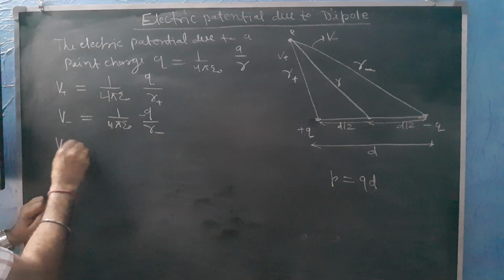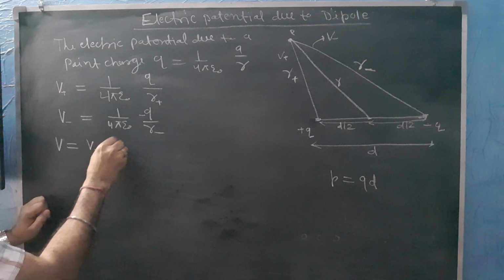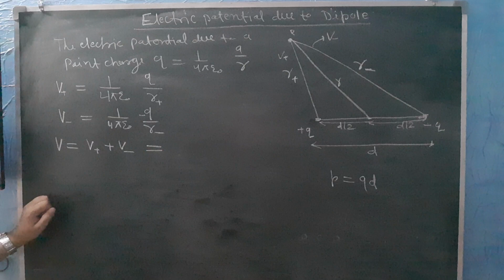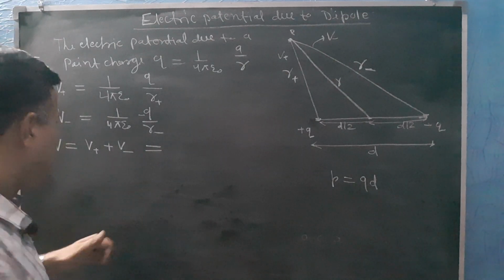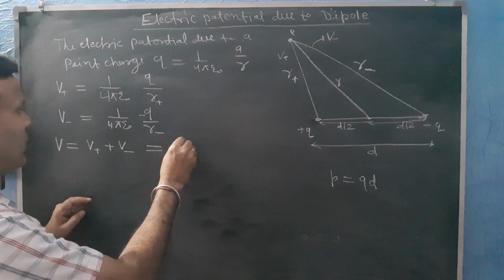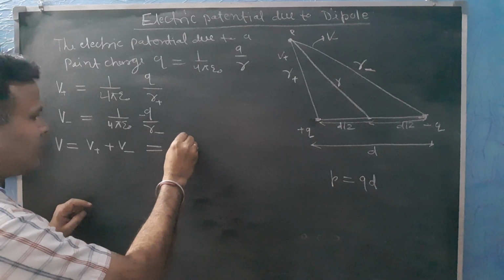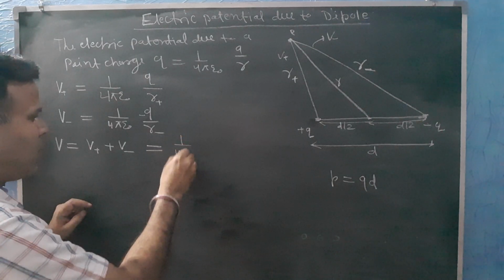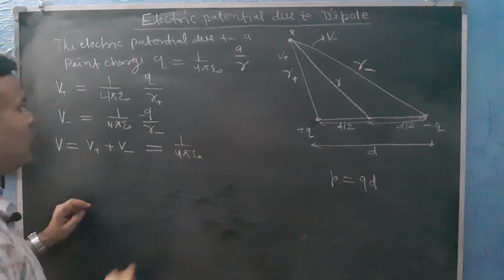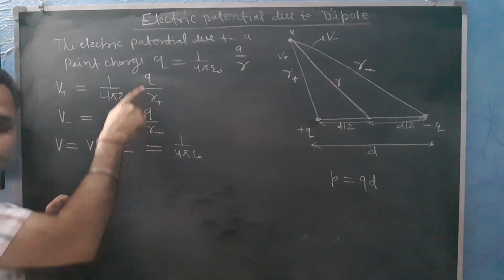So what is the total potential? V plus V minus, because this is scalar, so we can add these potentials. We have 1 upon 4 pi epsilon 0, which is common to both, and q is also common to both.